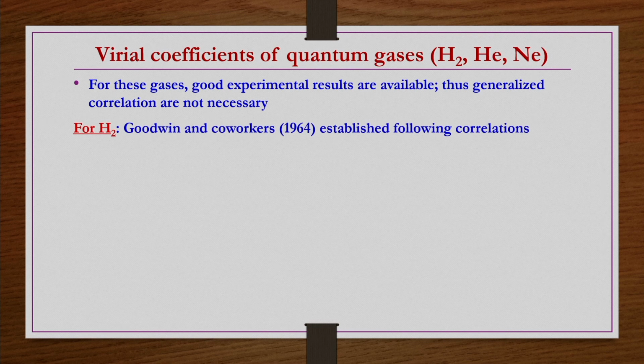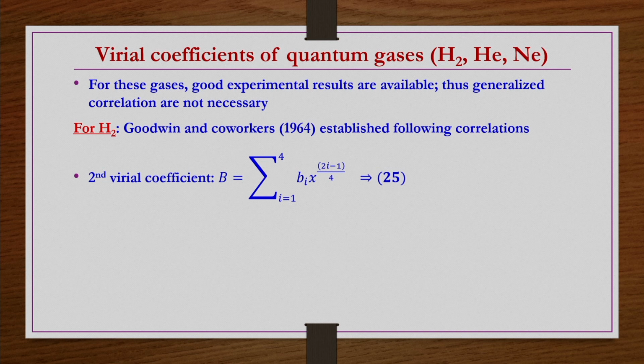For H2, Goodwin and co-workers established the following correlation for the second virial coefficient: sigma Bi x power (2i minus 1) by 4, with i varying from 1 to 4, where B1, B2, B3, B4 are given, and x is given as 109.83 by T, with T in Kelvin.